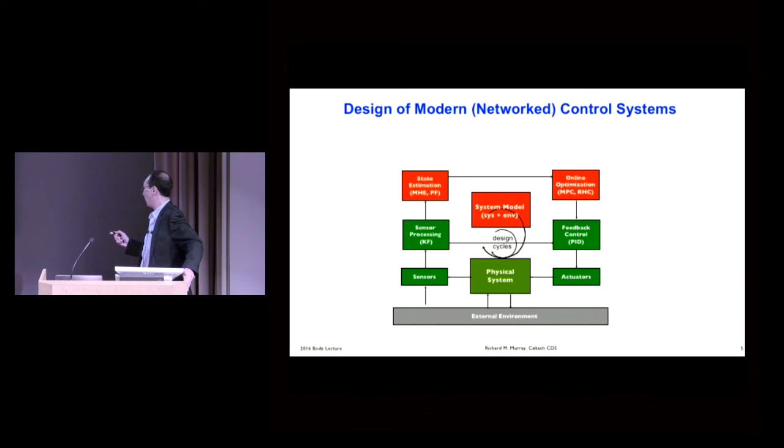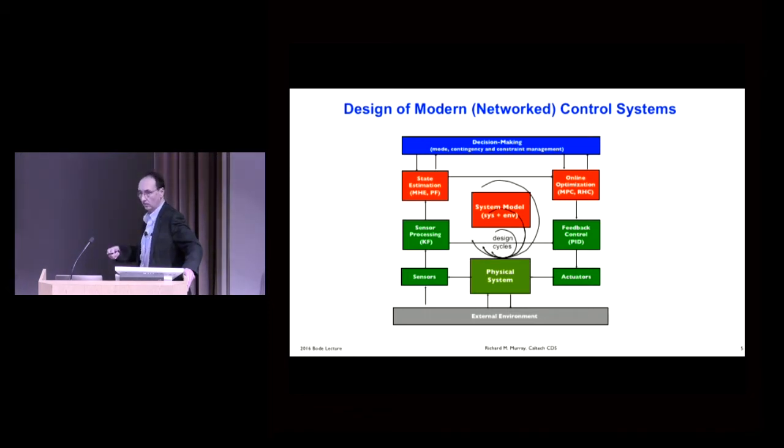We use more sophisticated online optimization techniques here, things like model predictive control and receding horizon control. We also use more sophisticated state estimation techniques, moving horizon estimation, particle filters, or two, that one can use at that level. And so at this level, again, we can think about, okay, well, now maybe I figured something out, right? And so I might do another redesign cycle, right? So we're going to keep doing this.